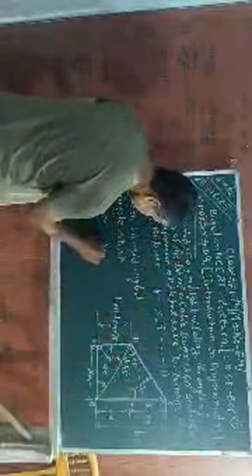Along this angle I will say 90 degree, along this I will say perpendicular, and along this I will say hypotenuse. So tan theta is equal to perpendicular divided by base. Perpendicular means AD, base is AB. AD is also given as 7 meters, so I will put here 7 meters divided by length AB. The length AB is also written here as x meters, so I will put here x.